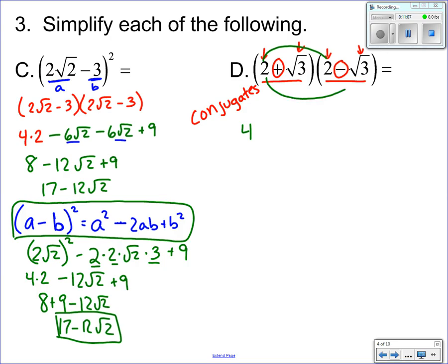Outer terms together. Inner terms together. Last terms together. Look, the middle terms go away. So I'm left with 4 minus 3, which is 1. So when I multiply a radical by its conjugate, the radical goes away. That's going to help us on our next problem.